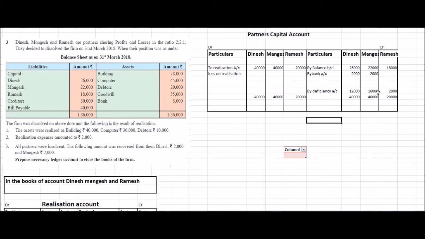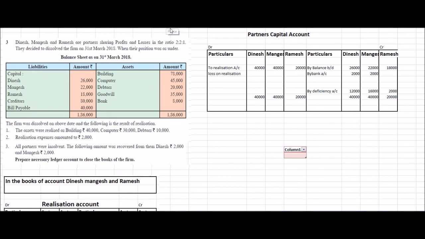This amount cannot be paid by these partners. So after this, we'll open an account of creditors and bills payable account. This partners' capital deficiency amount will be transferred to the deficiency account.